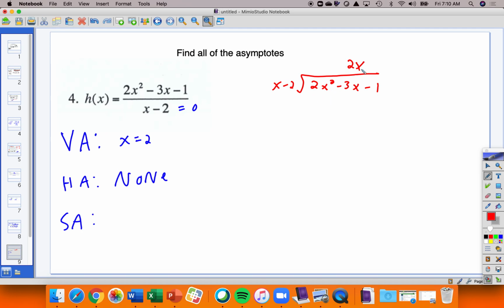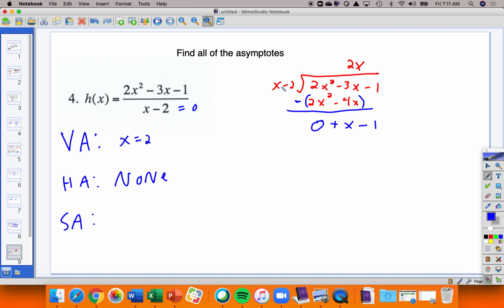Then 2x times x gives 2x squared, and 2x times -2 gives -4x. I subtract these from the previous values, so 2x squared minus 2x squared goes away and gives me 0. That's what we want. -3x minus -4x gives me positive x, and I bring down the -1.